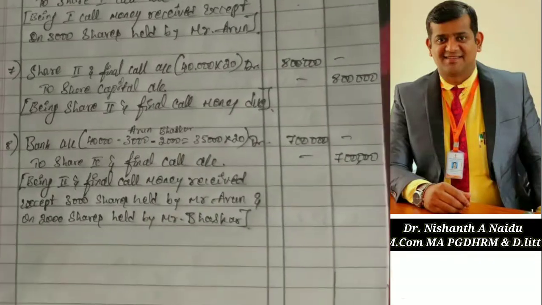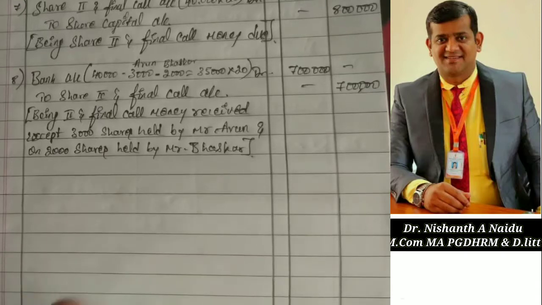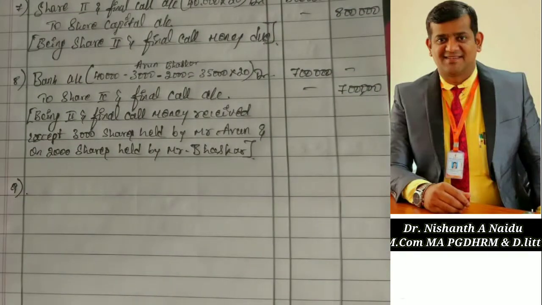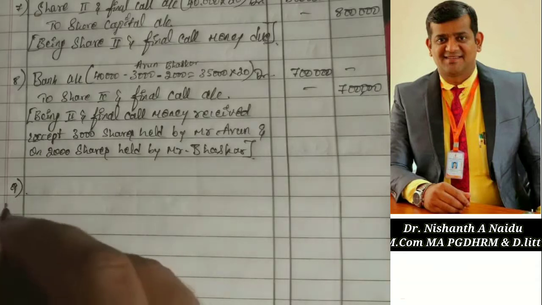Okay, so this is the 8th journal entry, we are done. So further moving to the 9th journal entry. Which one is the 9th journal entry now? Can you tell? So that is forfeiture entry. Okay, so let us do the forfeiture.